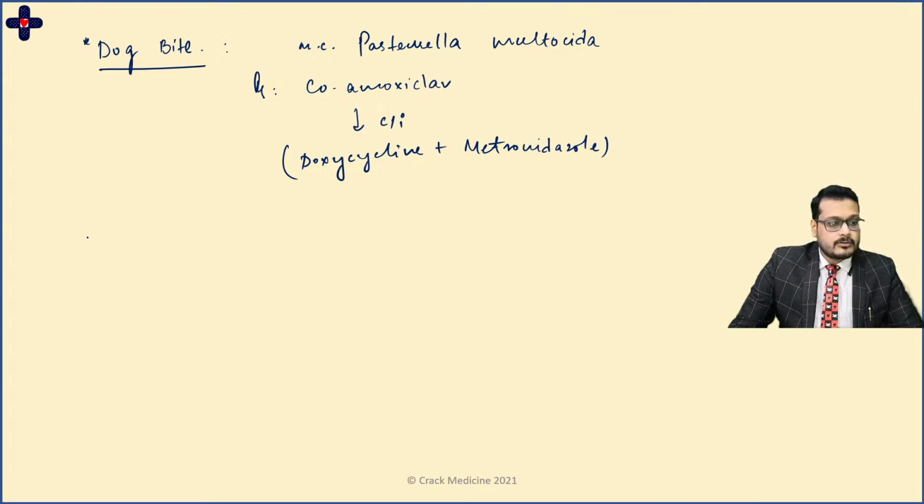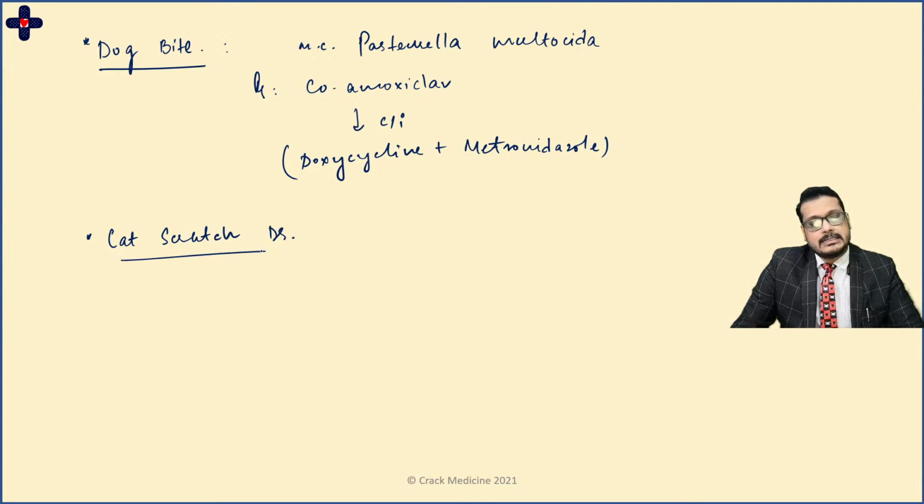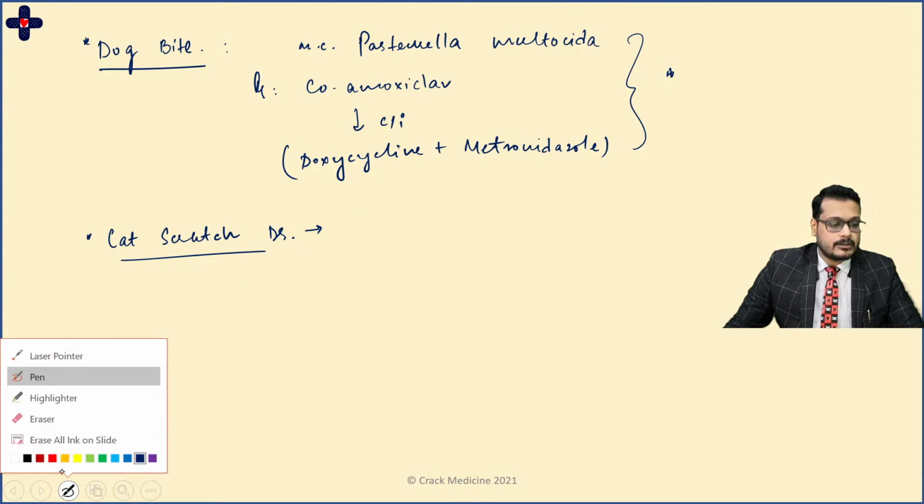While on the topic of dog bites, let's also see what causes cat scratch disease. So tell me what causes cat scratch disease. But as far as all of you are concerned, this is a definite question. So I should actually mark it down in red.